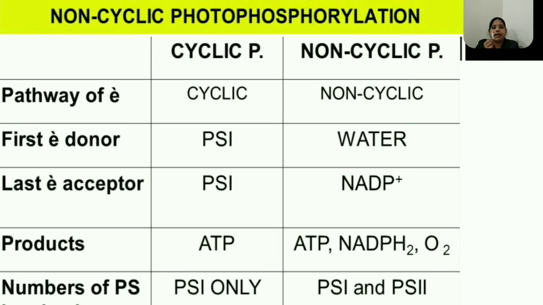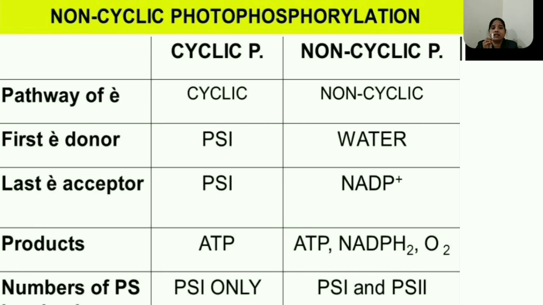In cyclic, the initial donor and final acceptor are the same, but in non-cyclic, the initial donor and final acceptor are different. Cyclic involves only photosystem I, but non-cyclic involves both photosystem I and photosystem II.